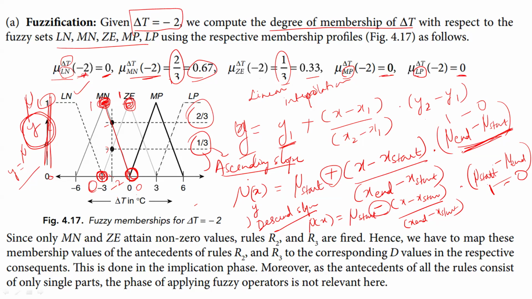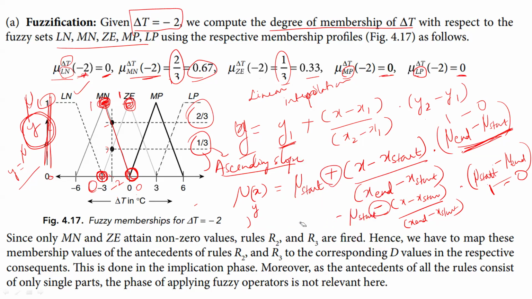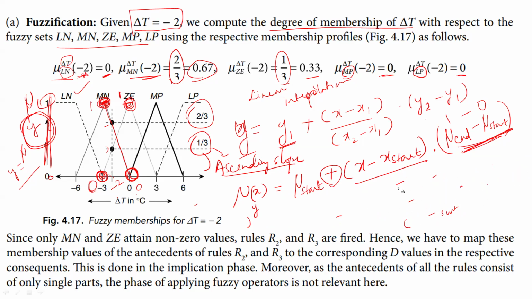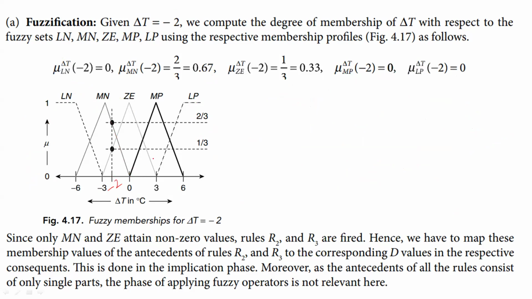Let us find the slope of any one of them. I'll erase this. Okay, so this is minus 2.